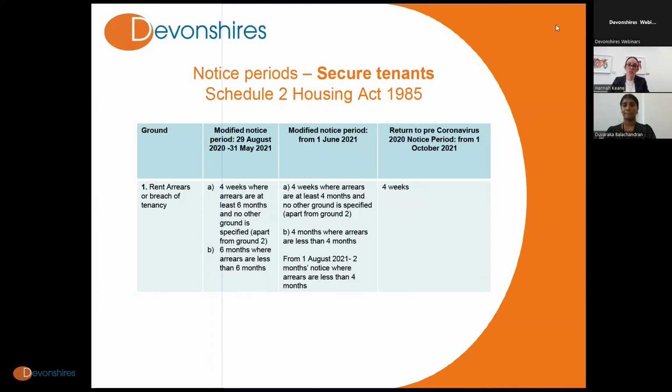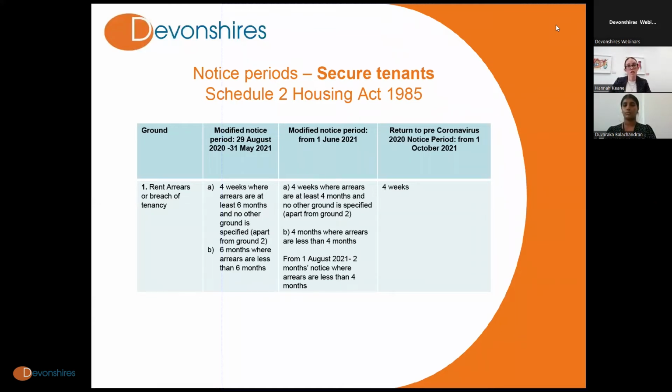So that's just there for your information. What we're really looking at is the fourth column, which is the notice periods that have come into force since the 1st of October of last year, effectively in line with that new form of NOSP.